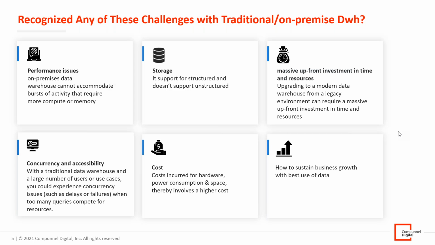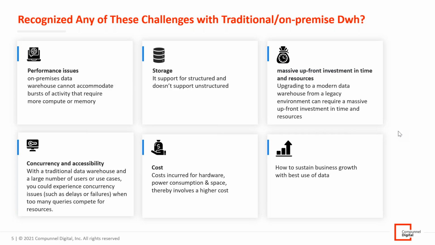And then one more challenge mentioned here is concurrency and accessibility. With traditional data warehouses, with a large number of users or use cases, you could experience concurrency issues such as delays or failures when too many queries compete for the resources. For example, we have a traditional data warehouse system and we built a reporting application on top of it.